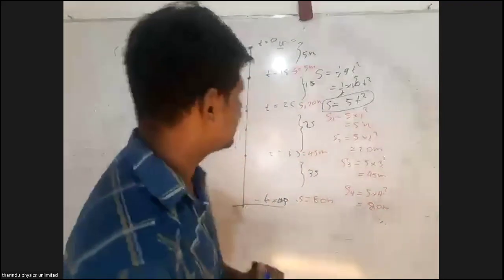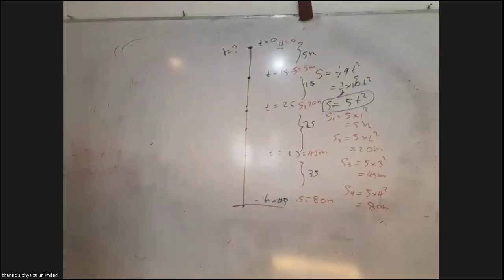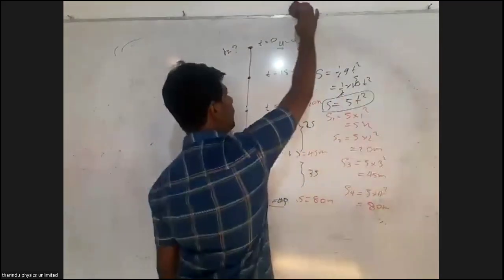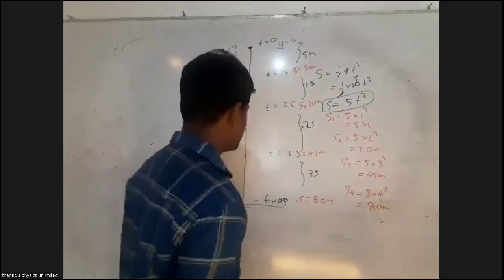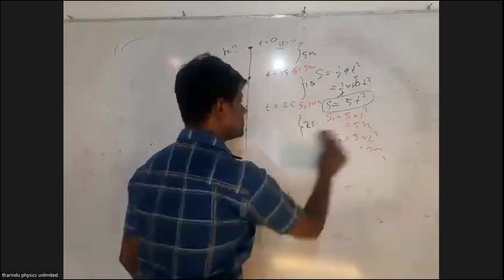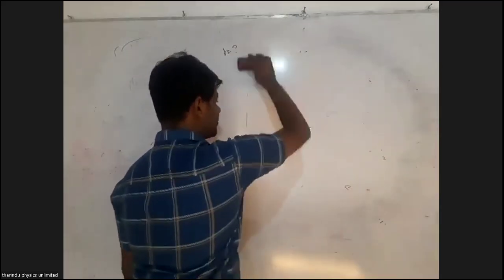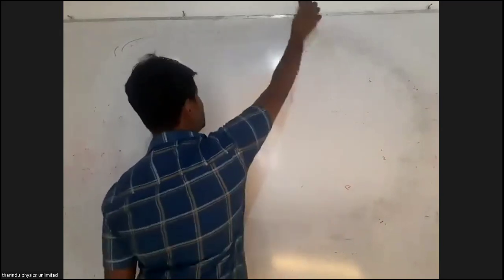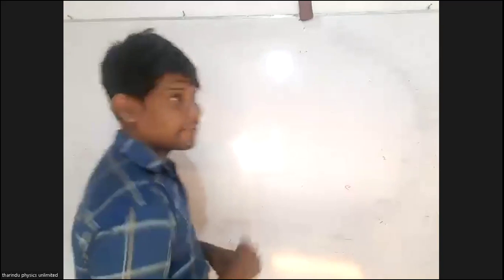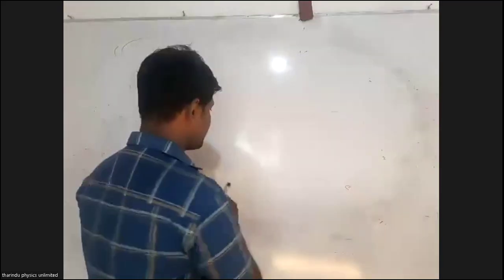Vertical projectiles. Second type of motion, vertical projectile.